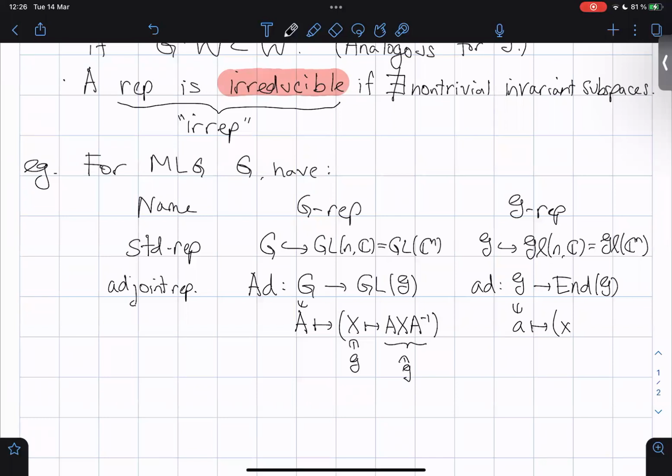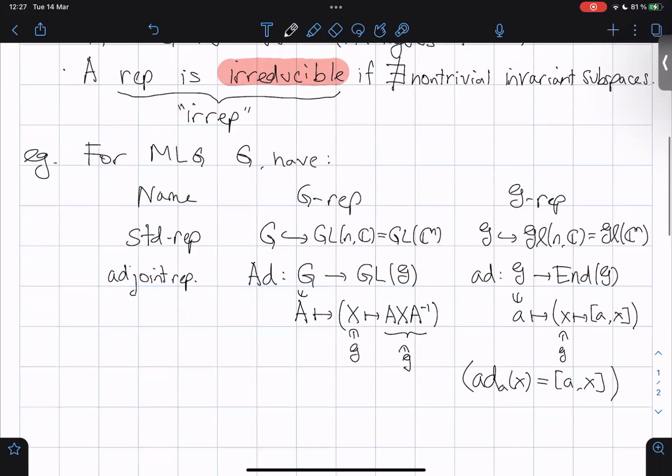Take as input an x, and what I'm going to do is bracket it with a. So we also write ad a of x is equal to the bracket of x with a. So that's the standard and adjoint representations. Very, very important.